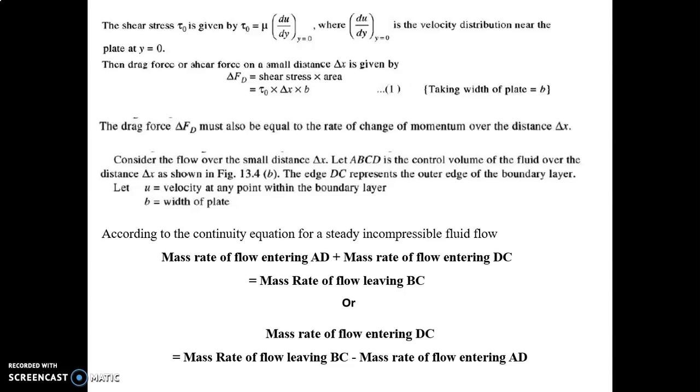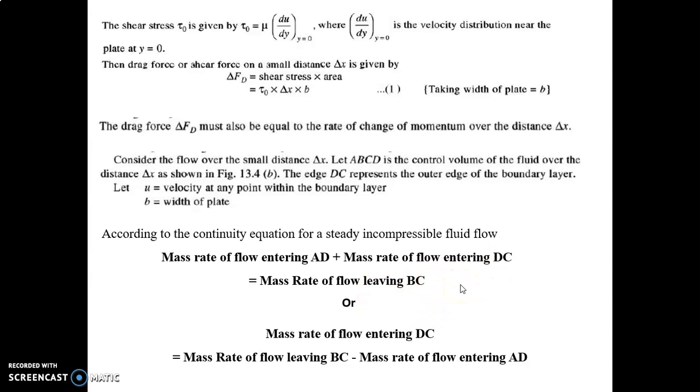According to the continuity equation for a steady incompressible flow, the mass rate of flow entering equals the mass rate of flow leaving. Mass rate of flow entering AD plus mass rate of flow entering DC equals mass rate of flow through BC.